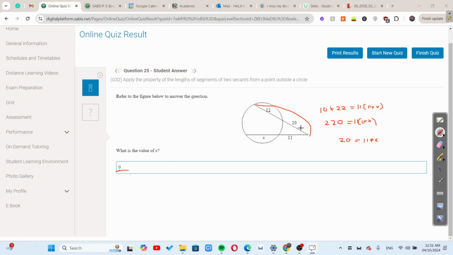Another way you could do this is 10 times 22. This doesn't change. 10 times 22, 220, equals 11 times x.